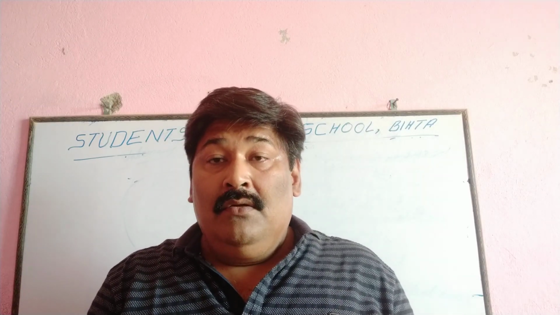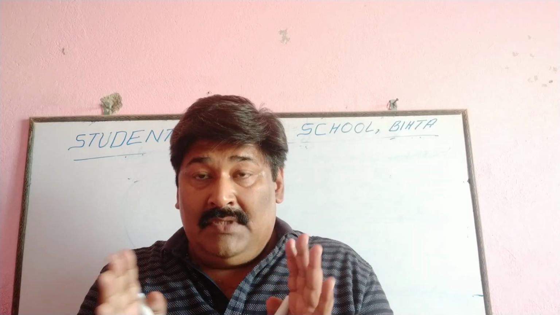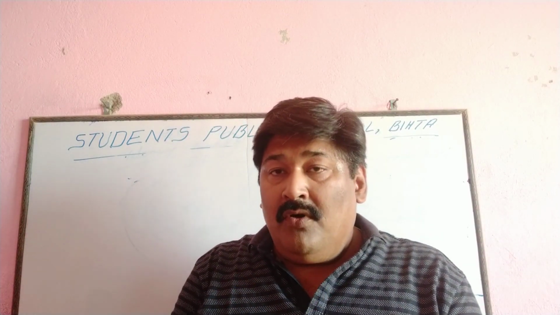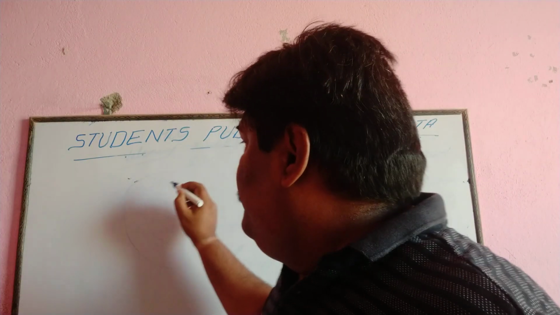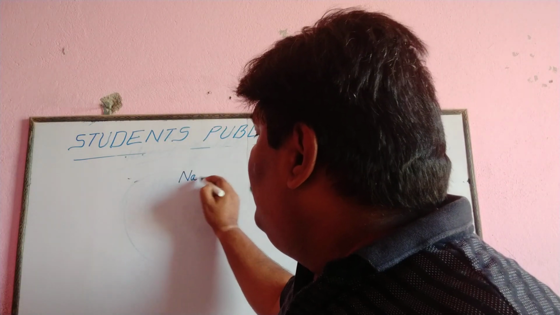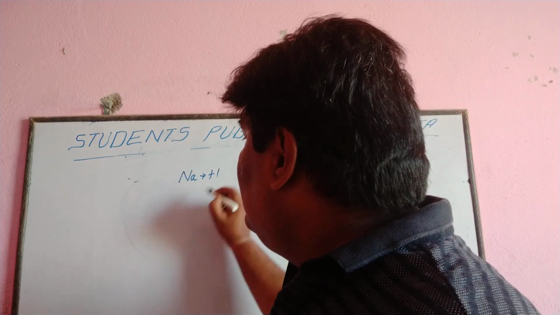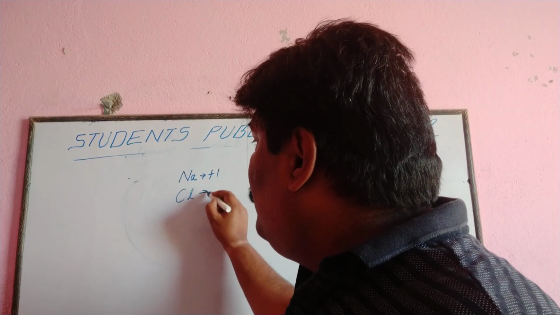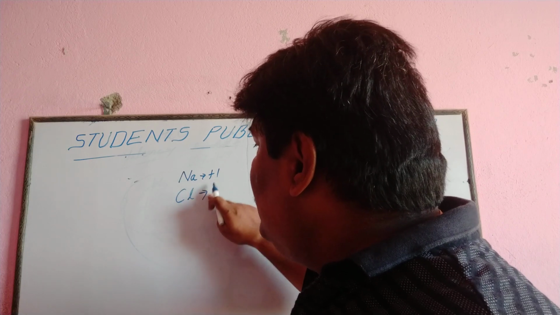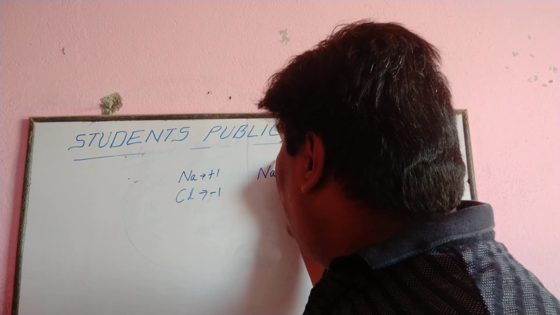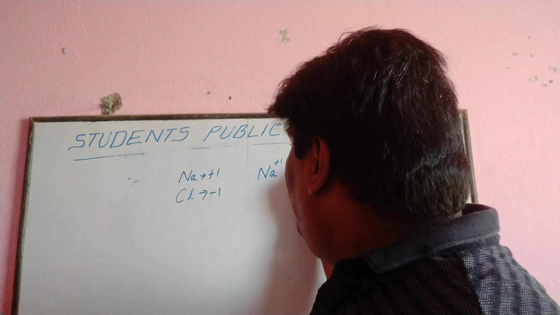So when the two atoms combine, the chemical formula is formed. For example, sodium. Sodium will lose one electron and acquire a plus 1 charge. Chlorine will gain one electron and acquire a minus 1 charge. The total formula will be Na plus 1, Cl minus 1.